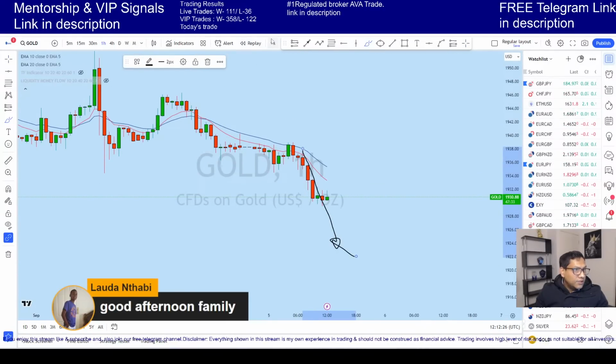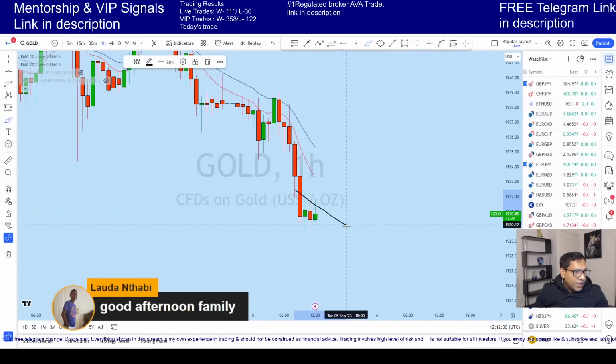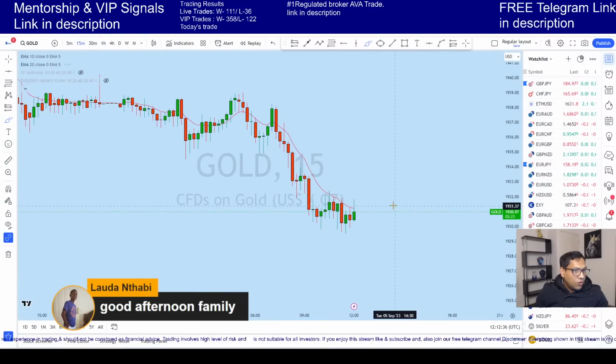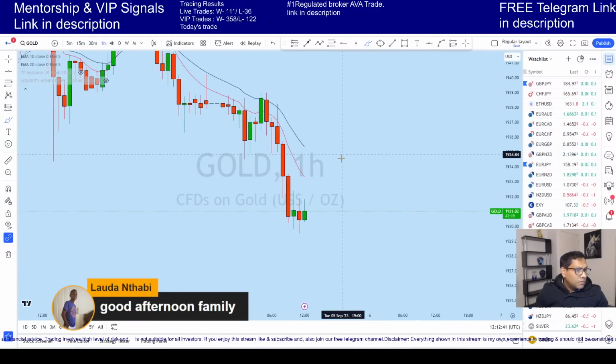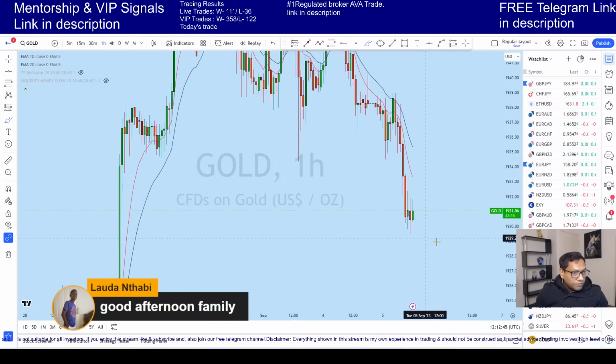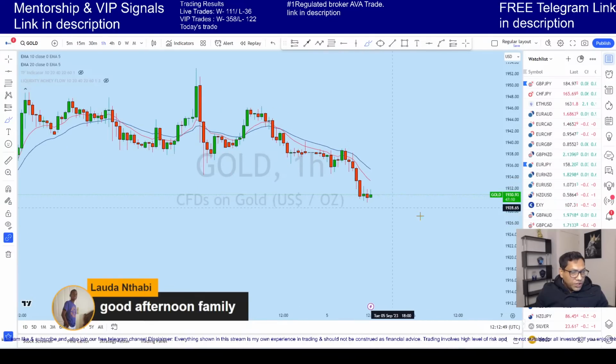So there is a strong breakdown, and in this area, this is a channel, and in this channel we see that here the price in this lower time frame is showing a potential consolidation pattern.